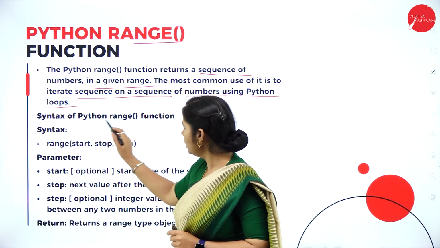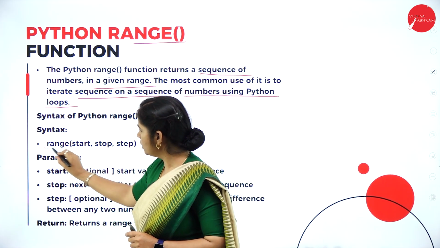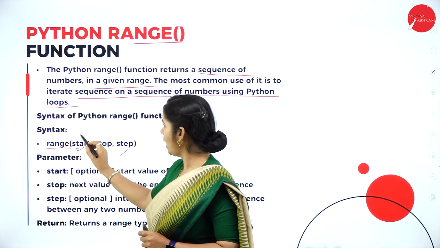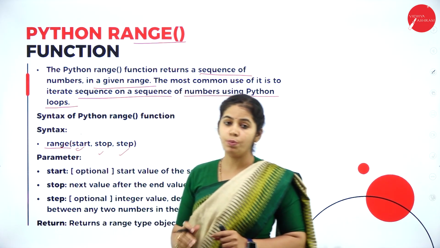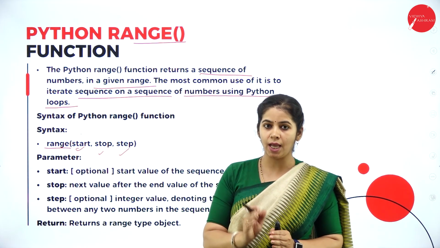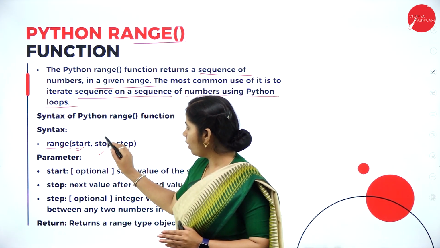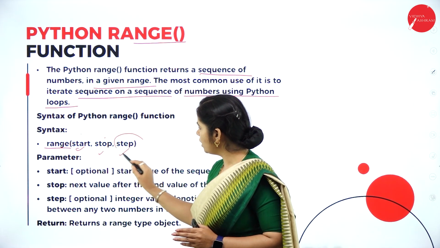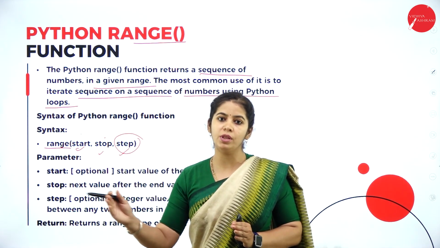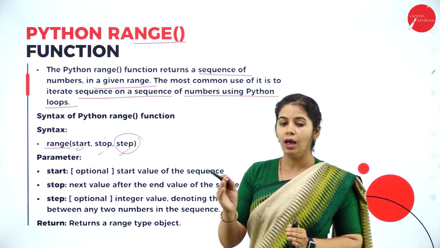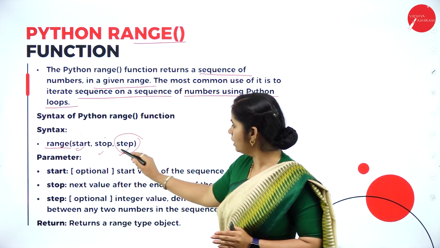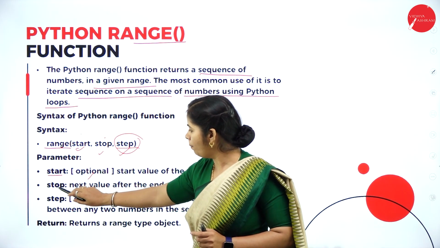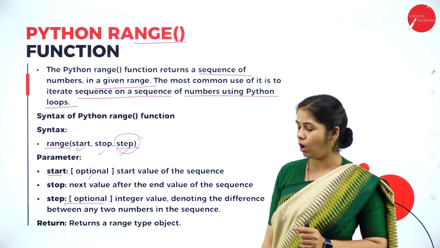Okay. The syntax for the range function is using the keyword range. We have a start point, stop point, and a step point. The start point says from which point I should start the iteration, and the stop point says where I should stop the iteration. Step says how many elements I should skip. That is nothing but step. Start is optional, stop is mandatory, and step is also optional.